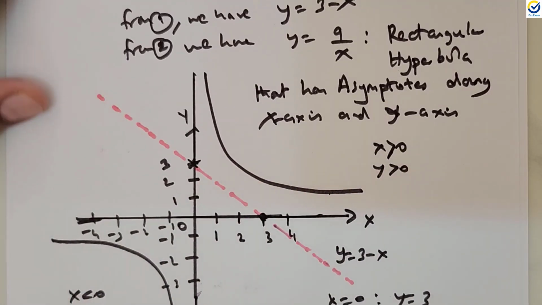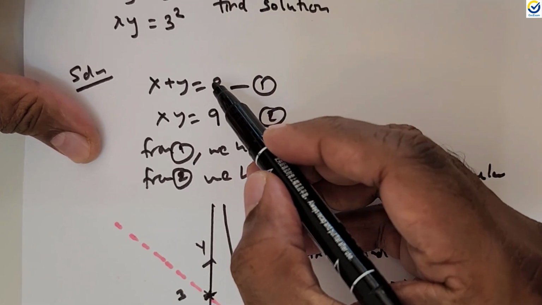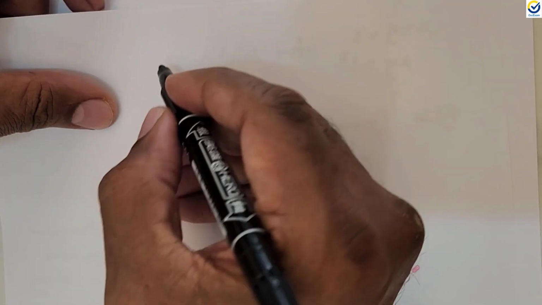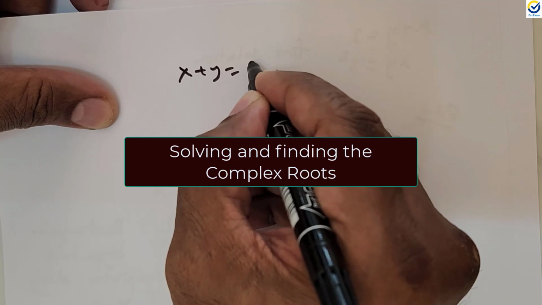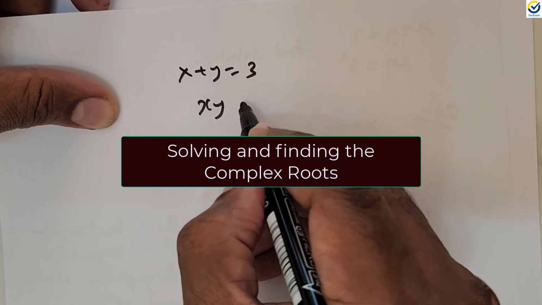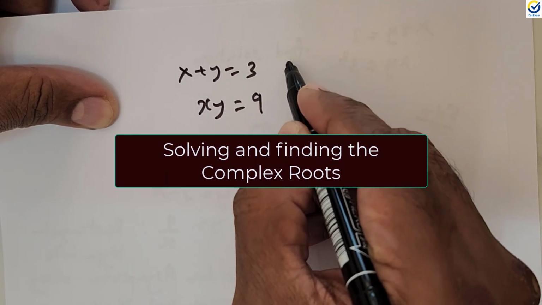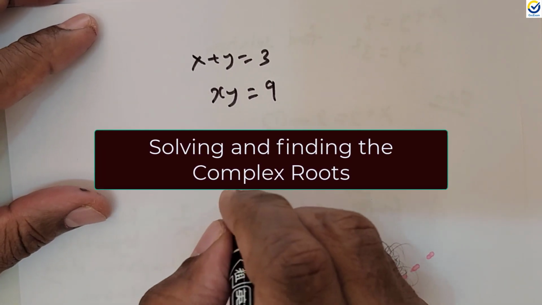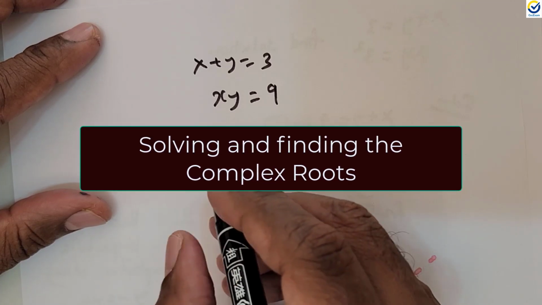Now the question is, they are asking us to find the solution for this. So let me write the question down. You have x + y = 3 and xy = 9. I will solve this and show you the solution.